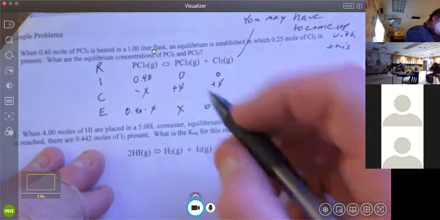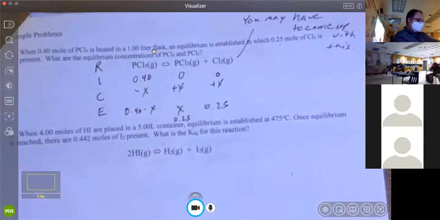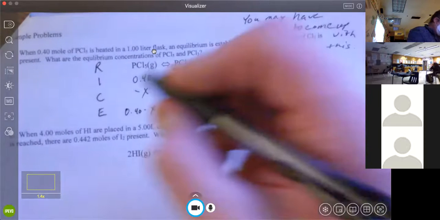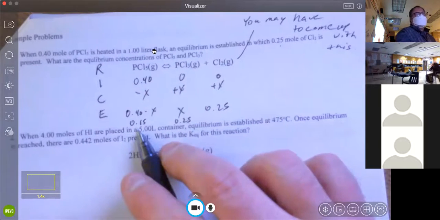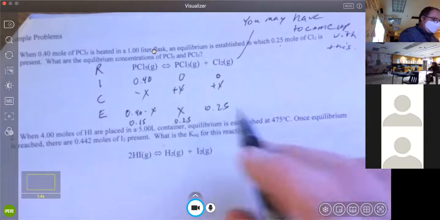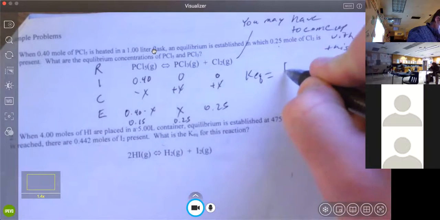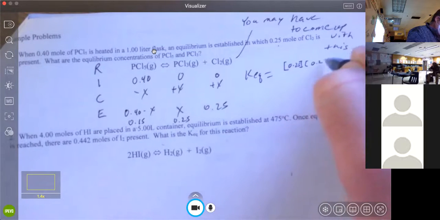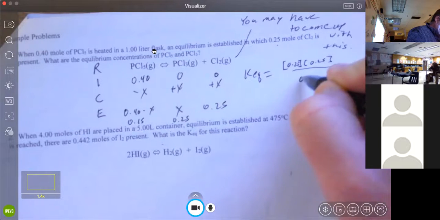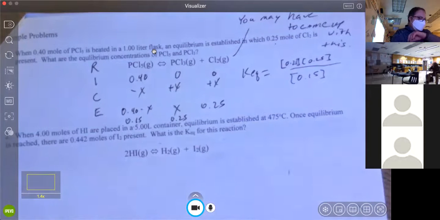0.25. So this is 0.4 minus 0.25. The concentration here is 0.15, 0.25, 0.25. We know K sub EQ equals products over reactants. So 0.25 times 0.25 all over 0.15. 0.25 squared divided by 0.15.